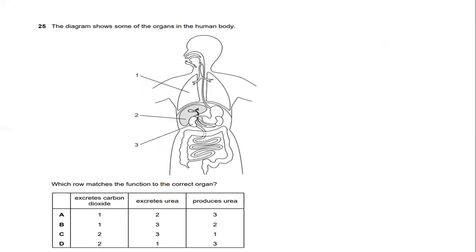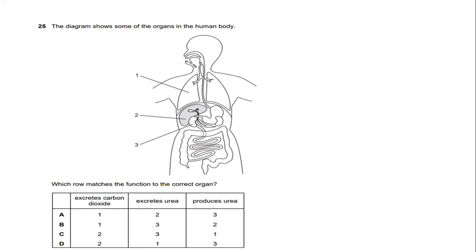The diagram shows some of the organs in the human body. You can see these three items: lung, number 1. Number 2 is the liver, and number 3 is the kidney. Urea is produced in the liver, which is number 2.